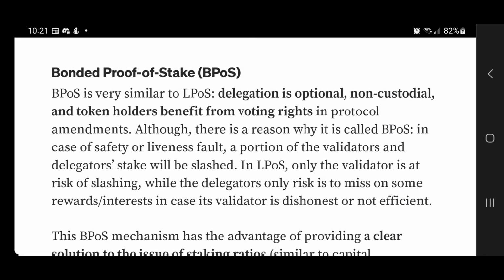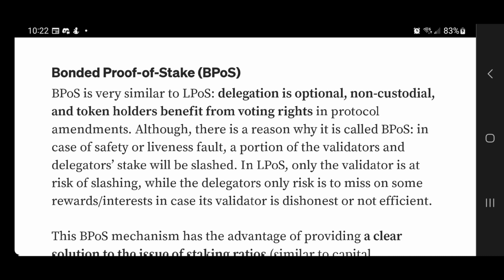Bonded proof of stake is similar to the liquid proof of stake. Delegation is optional, non-custodial, and token holders benefit from voting rights in protocol amendments. Although there is a reason why it is called bonded proof of stake: in case of safety or liveness fault, a portion of the validator's and delegator's stake will be slashed.